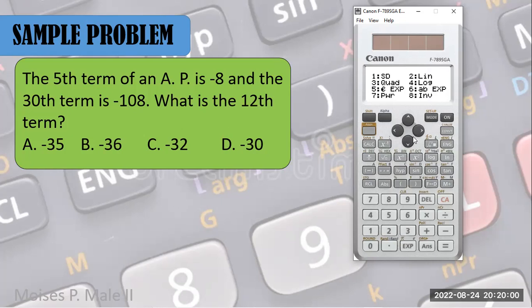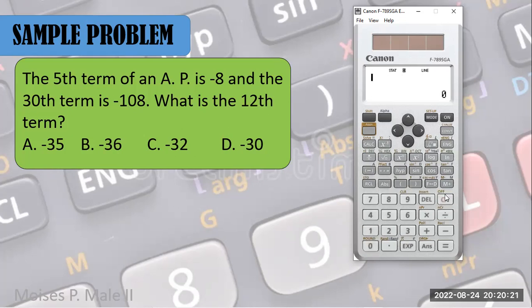So, mode start, tapos linear, then put yung 5th term, so 5, at saka yung 30th term, 30. Okay, so, the value ng 5th term is negative 8, for 30th term naman is negative 108.